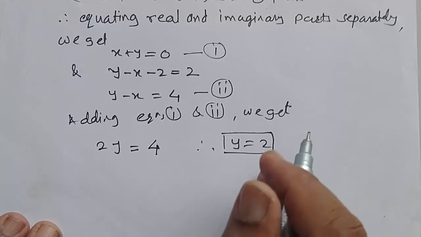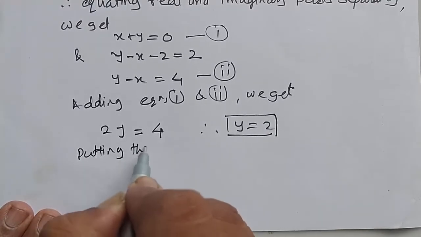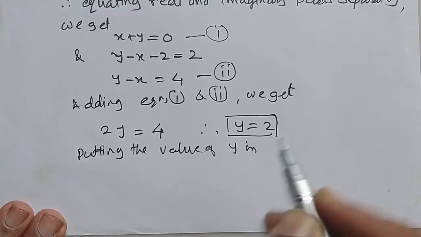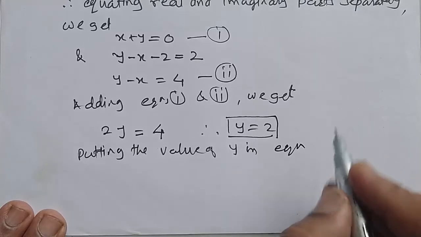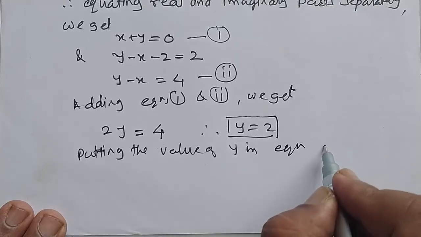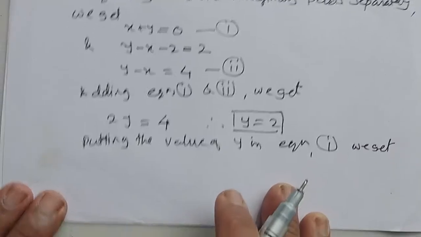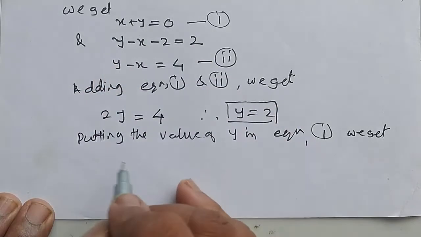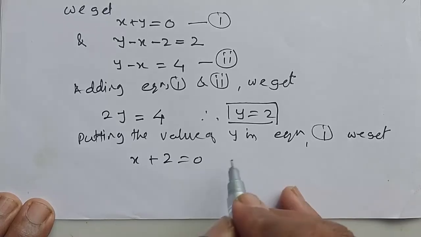Now, putting the value of y in equation 1, we get: equation 1 is x plus y is equal to 0, so x plus 2 is equal to 0.